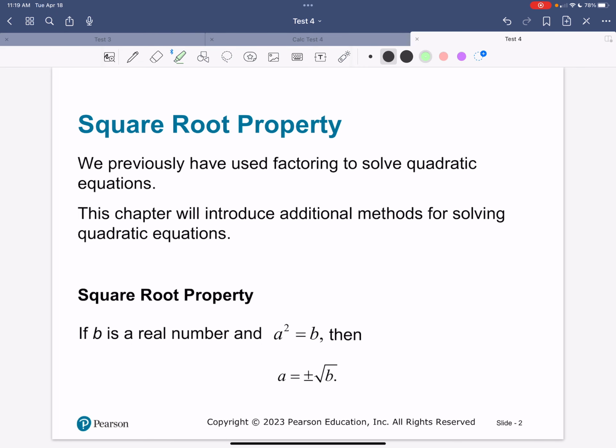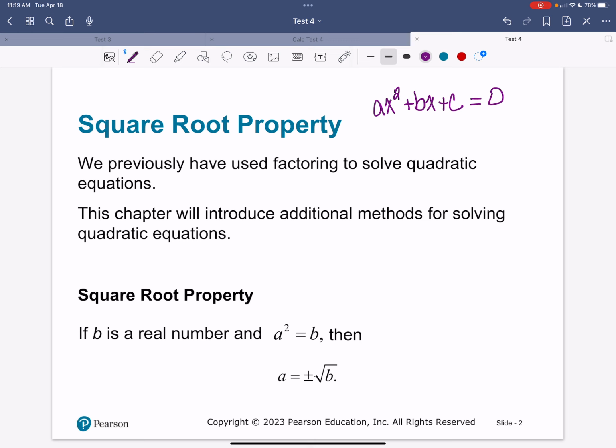So we are solving quadratics. Now, a quadratic is in the form ax squared plus bx plus c. So a quadratic is something raised to the second power, and we solve those by setting them equal to 0.